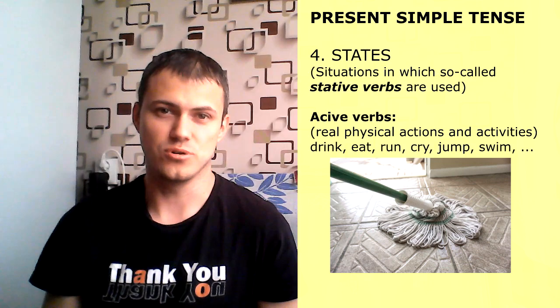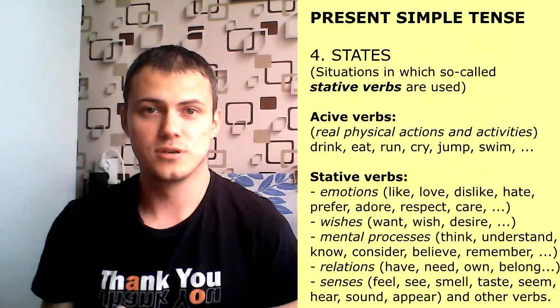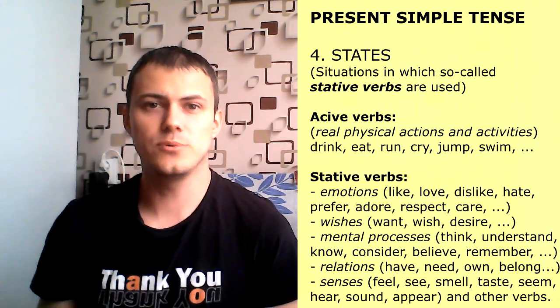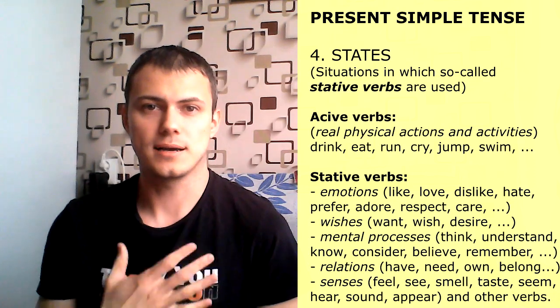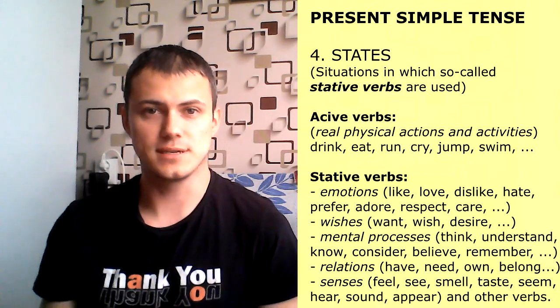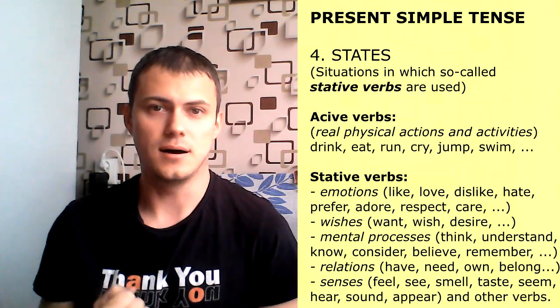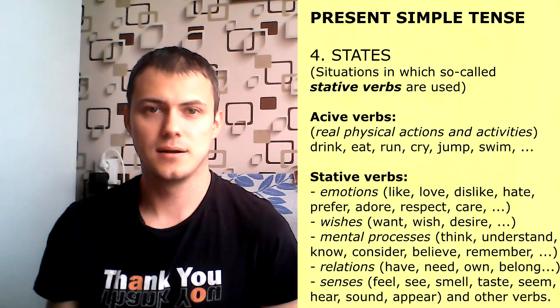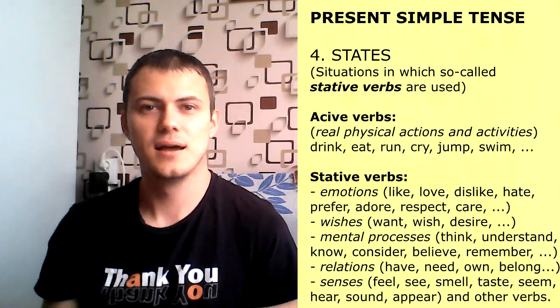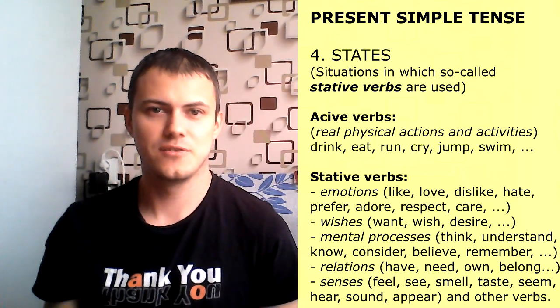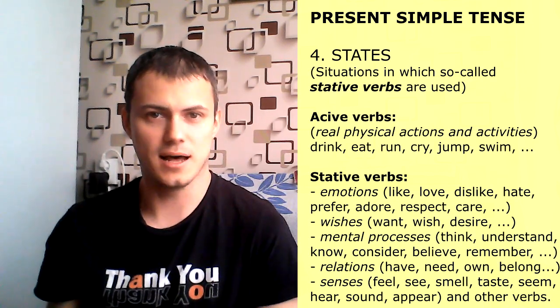We use the stative verbs when we talk about our conditions or, for example, our likes or dislikes, such as like, hate, prefer, love, and our senses: feel, see, hear, taste, smell.